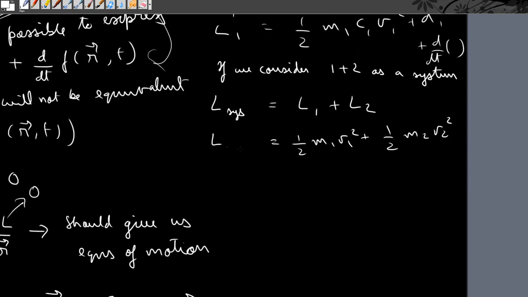What should this give us? So when we apply the Euler-Lagrange equation to this L system, we should get the mechanical behavior of the entire system, or in other words, we should get how the individual particles are going to move, or how they are going to behave mechanically.